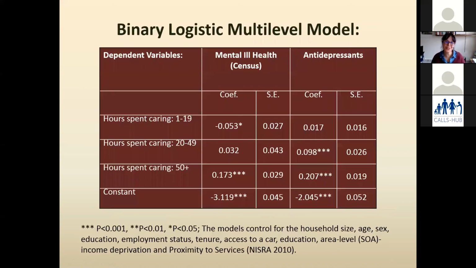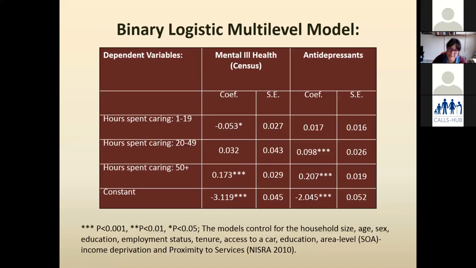Moving on to the binary logistic multi-level models that we've done on mental ill health and antidepressants. For the census measure, we found only that those who care for 50 hours plus are more likely than non-caregivers to report a mental ill health condition. But if we look at prescription data, at the likelihood of being prescribed an antidepressant, then those delivering care for 20 to 49 hours and those delivering care for 50 hours plus are considerably more likely to be prescribed an antidepressant.